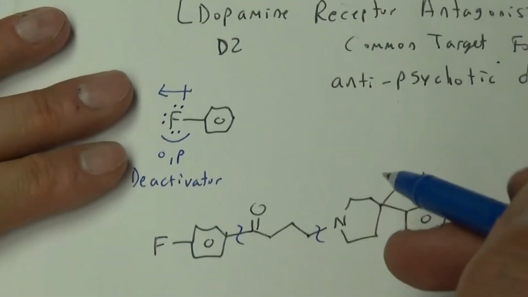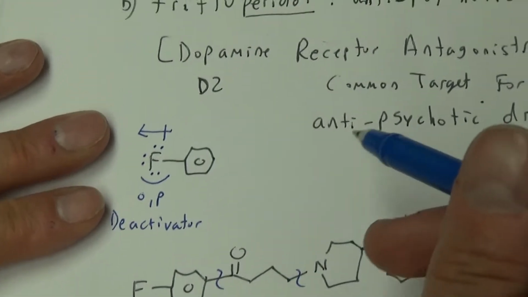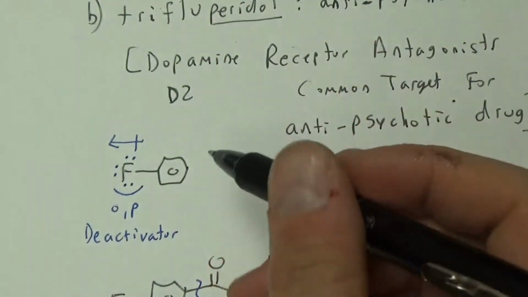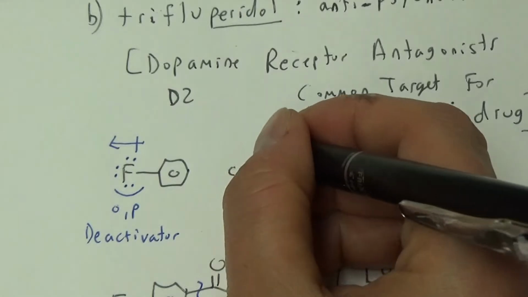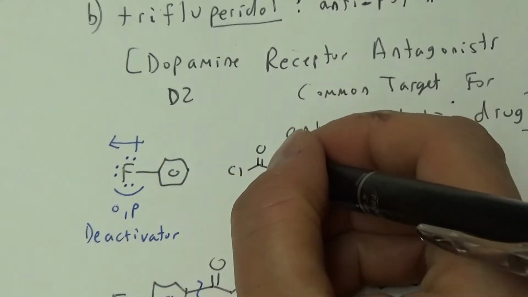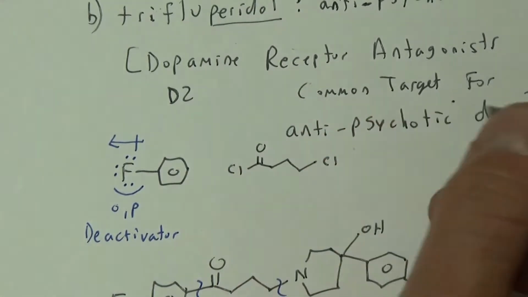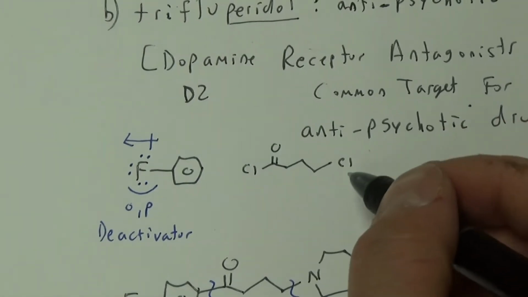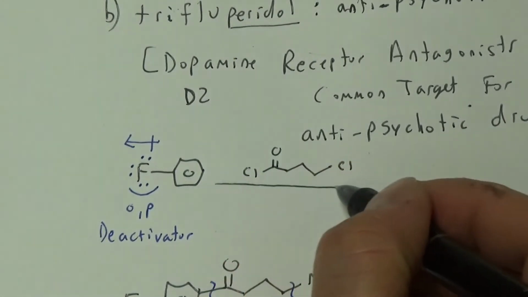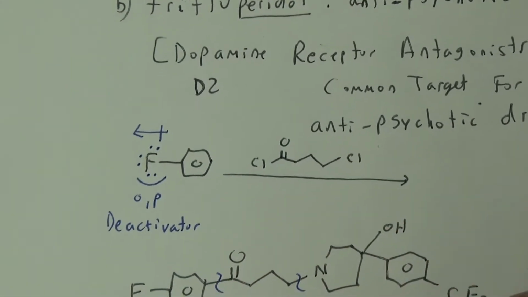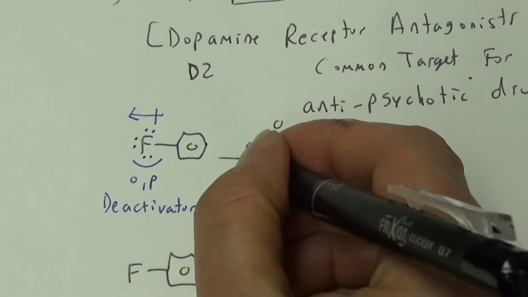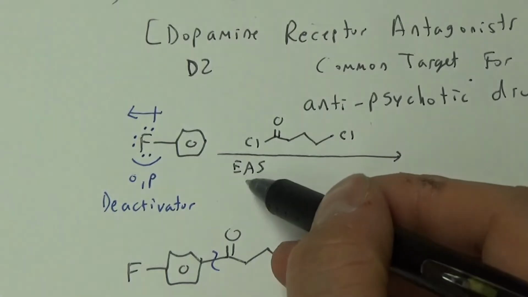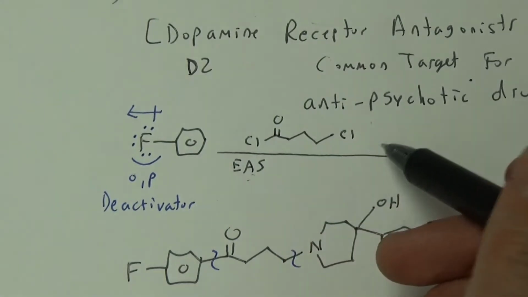We just attach the middle piece and then attach the right piece. So this is very easy stuff. This is another simple EAS reaction. EAS is electrophilic aromatic substitution.